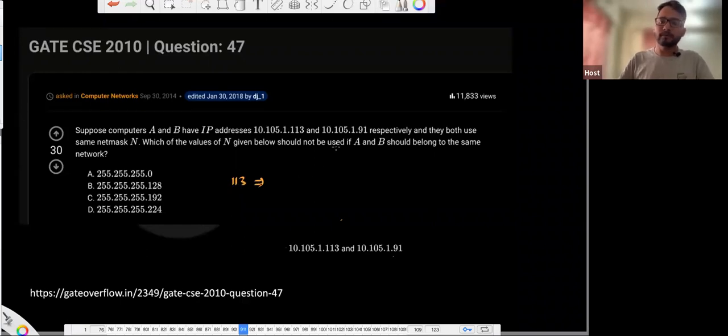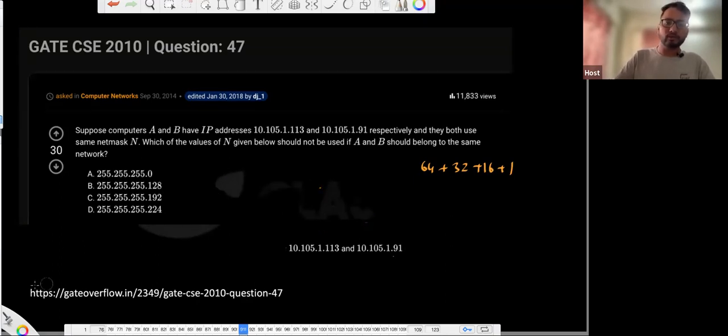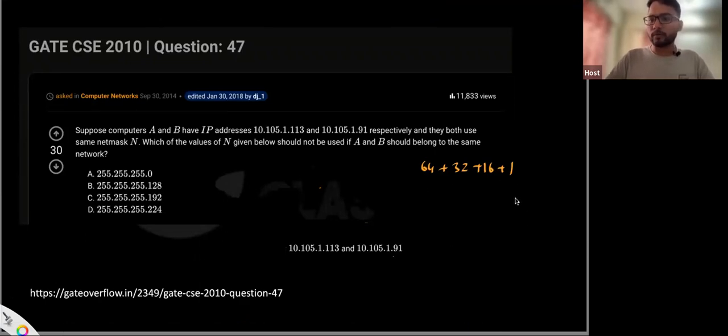Maybe just by Googling. 96 plus maybe 16 plus 1, right? 64 plus 32 plus 16 plus 1. Okay, just find out the 113 representation and the 105 representation, then you can do this question easily, right? So yeah, 113 will be 2 power 0. Okay, just also find out the representation for 91.